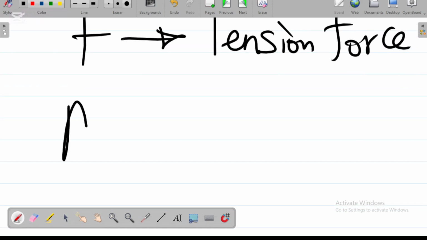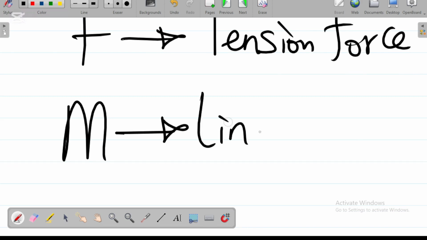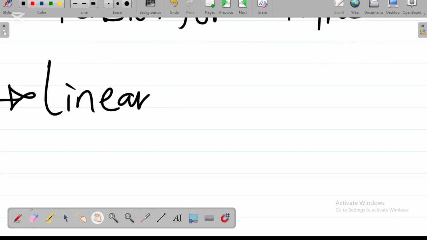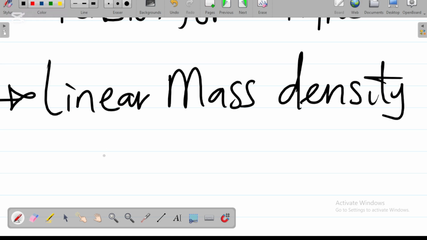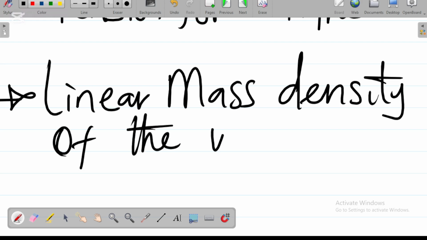And then M is known as the linear mass density. M is the linear mass density. It is the linear mass density of the wire.